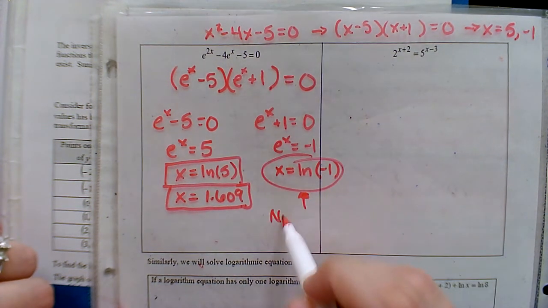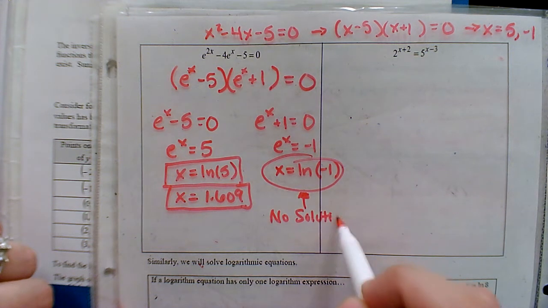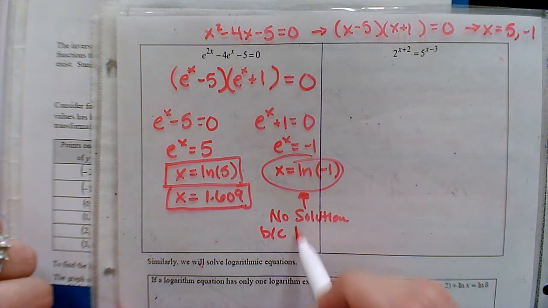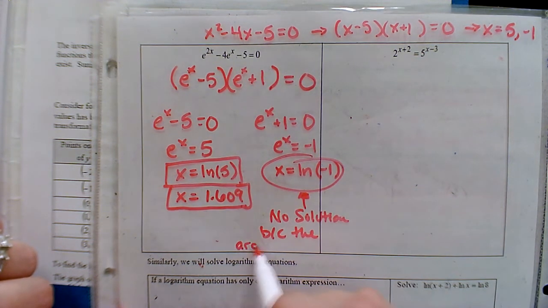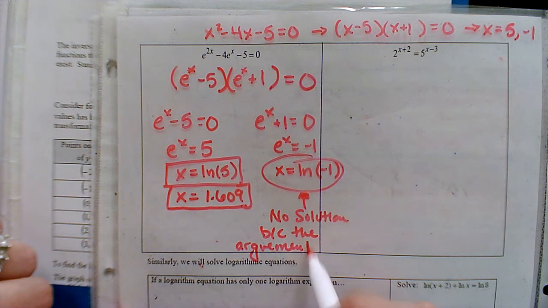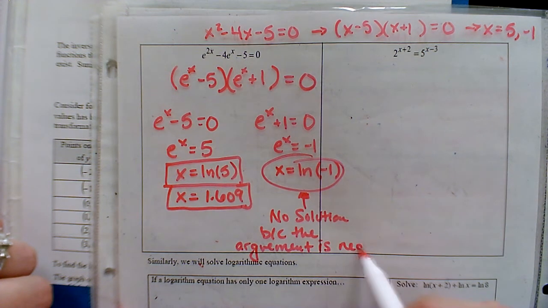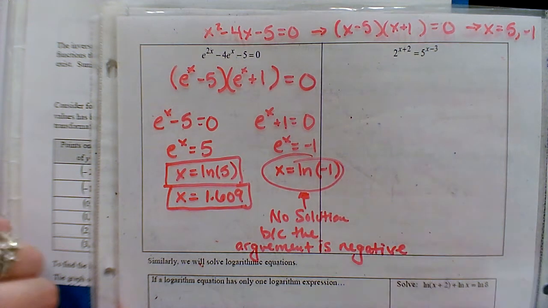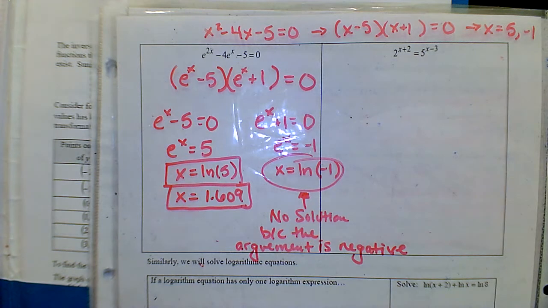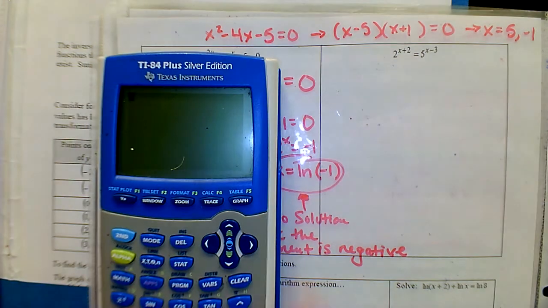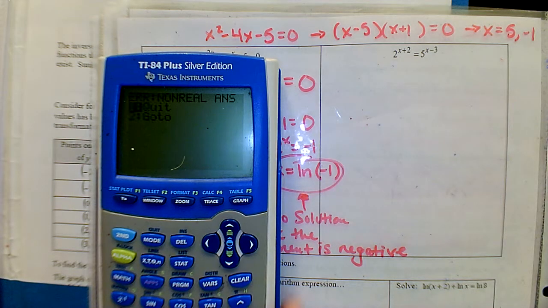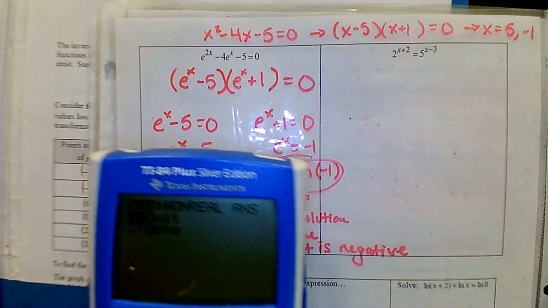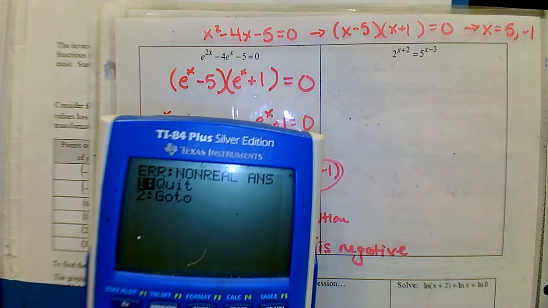Okay. No solution because the argument is negative. That's great, you guys remembered that. Just in case you wanted to double check, you could type it in on your calculator. Natural log of -1 pops up as an error message, meaning not possible.